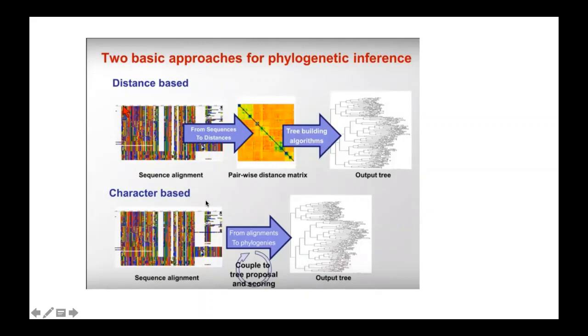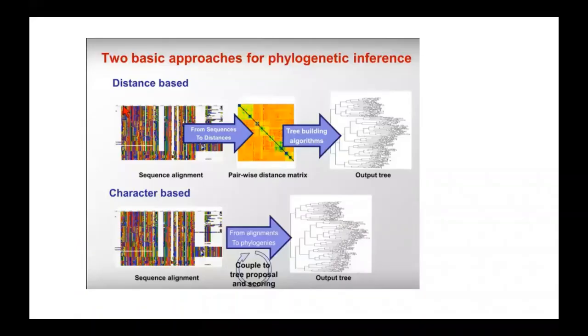In the character-based method, we look into every character, each individual column, nucleotide or amino acid, of the sequences, and from that we create the phylogenetic tree. This is more robust, but if you have many sequences, it's very time consuming. So in that case, we prefer the distance-based method.